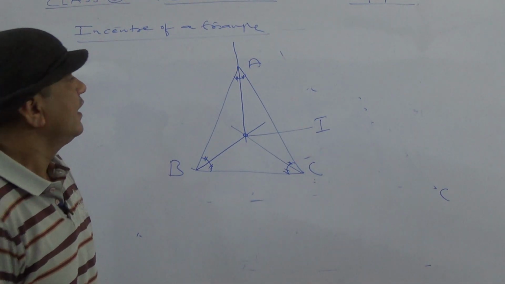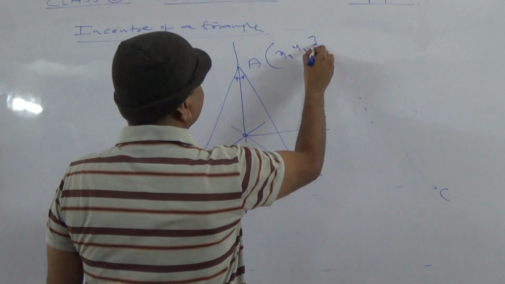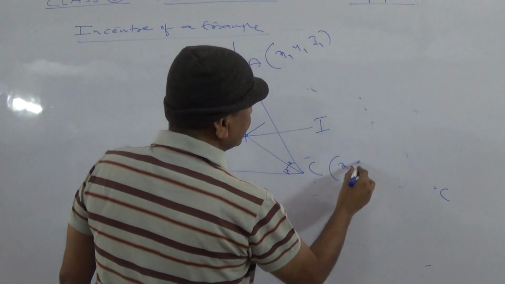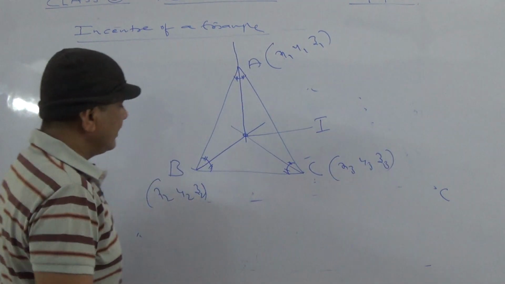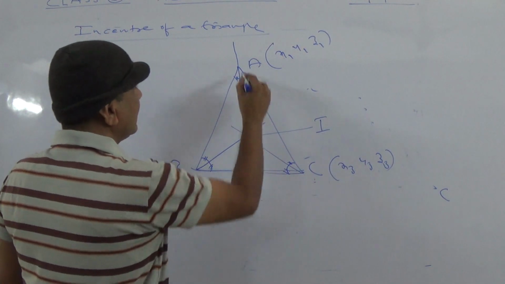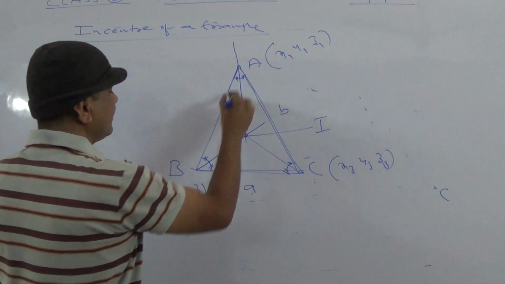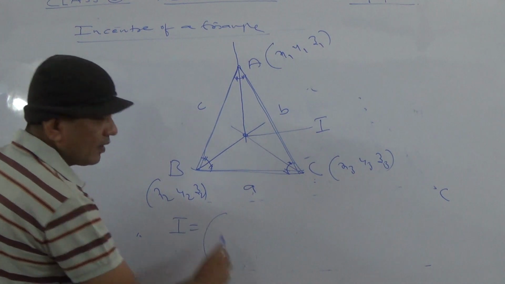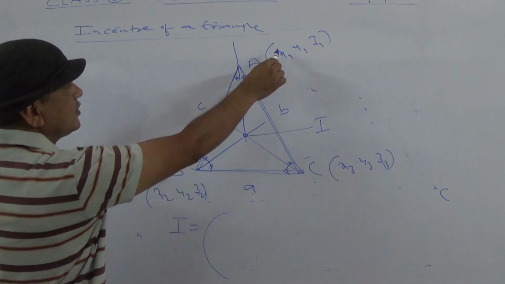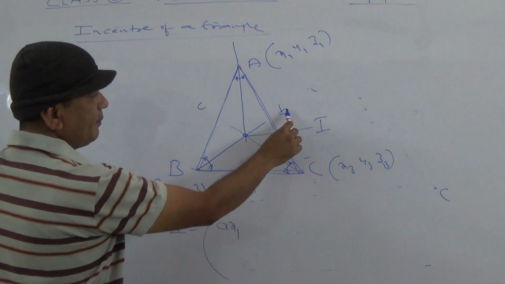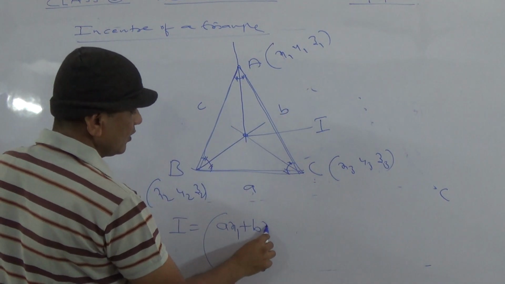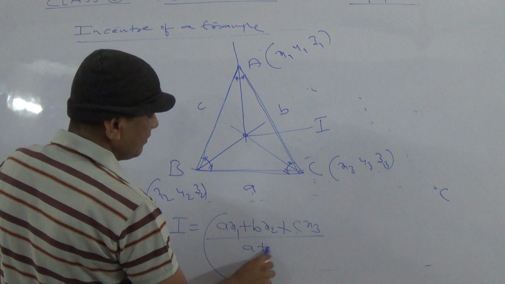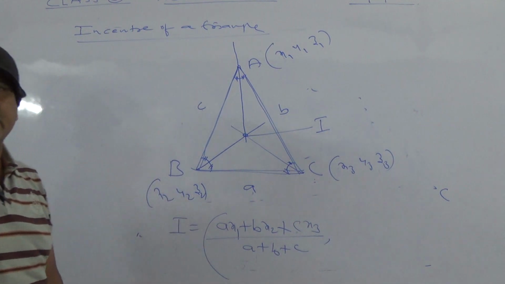Incenter of a triangle. If A is equal to (x1, y1, z1), B is equal to (x2, y2, z2), C is equal to (x3, y3, z3), and the length of the side BC is equal to a, length of the side AC is equal to b, length of the side AB is equal to c. Then incenter of the triangle is given by the formula: x coordinate is (a x1 + b x2 + c x3) / (a + b + c).